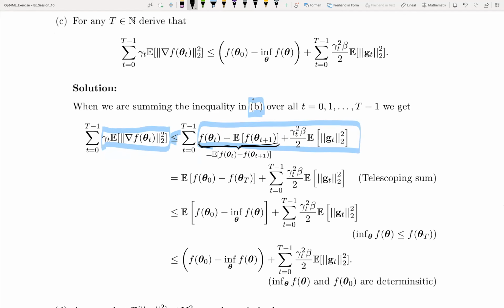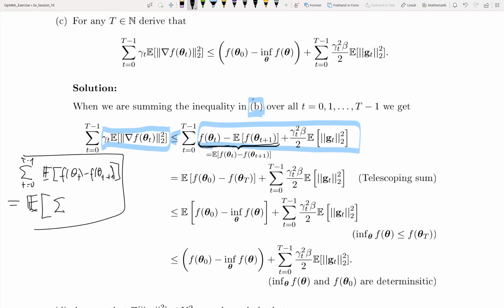Now, thanks to the linearity of the expected value, we can also put the sum inside the expected value. And if we write it inside, we see here a telescopic sum.